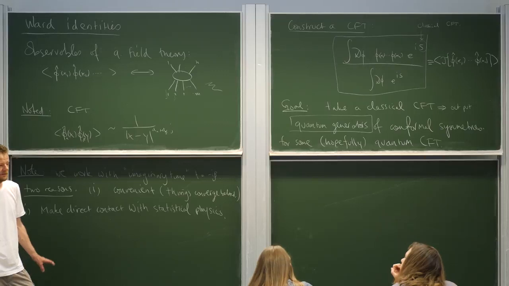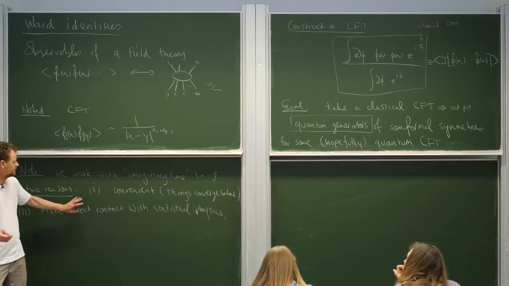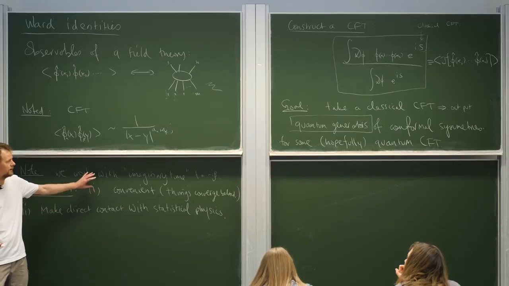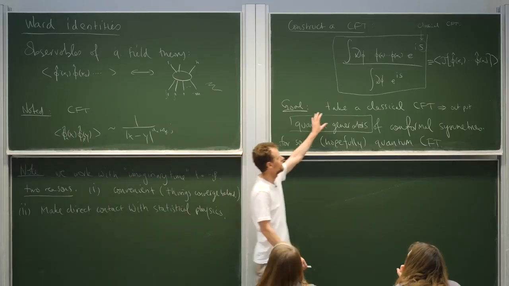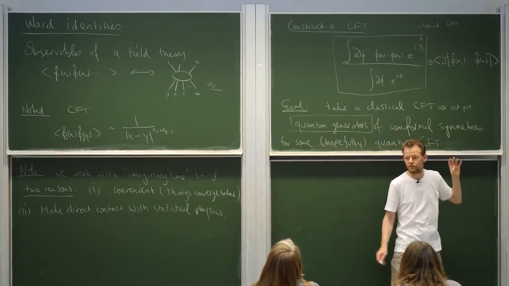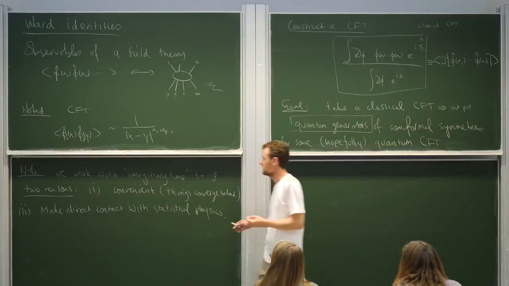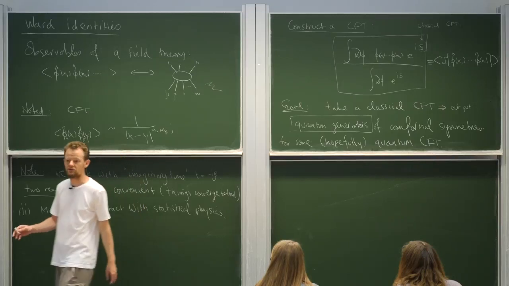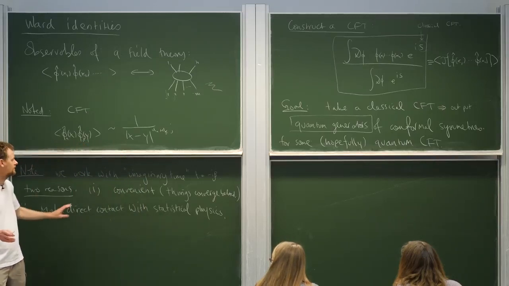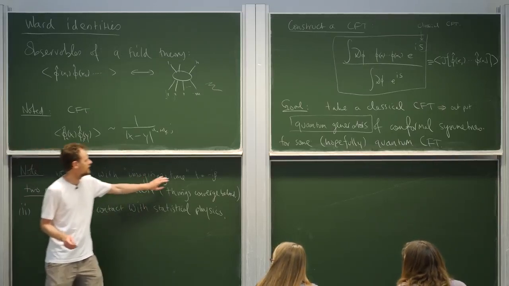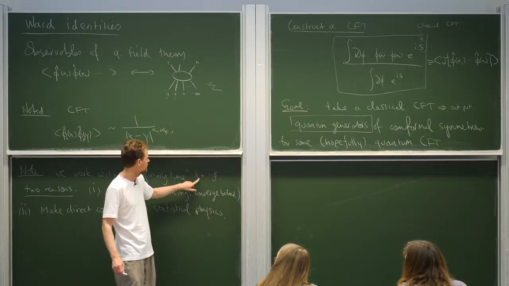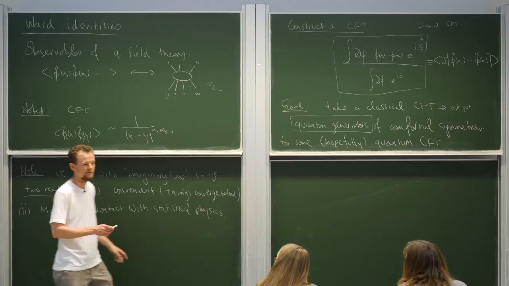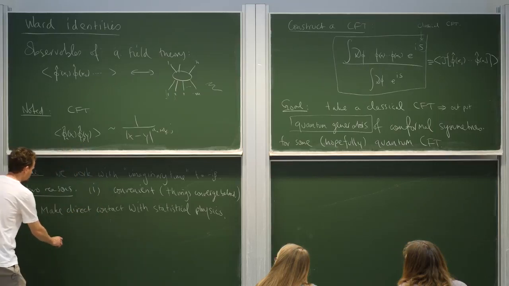And it'll turn out that the biggest source of examples of conformal field theories will come actually not from unitary representations of the conformal group, but from statistical physics theories close to a phase transition, where the symmetries are represented non-unitarily by replacing t with minus i beta. I'll just remind you of how that works.